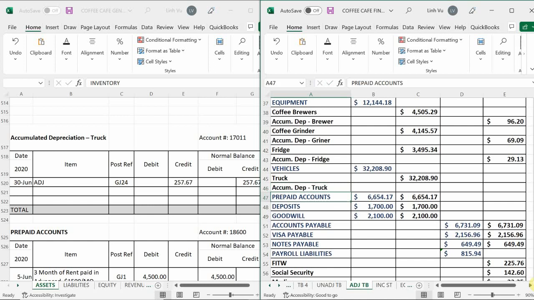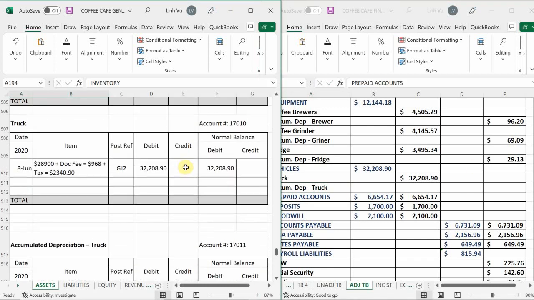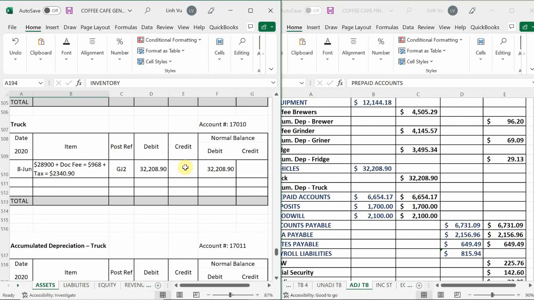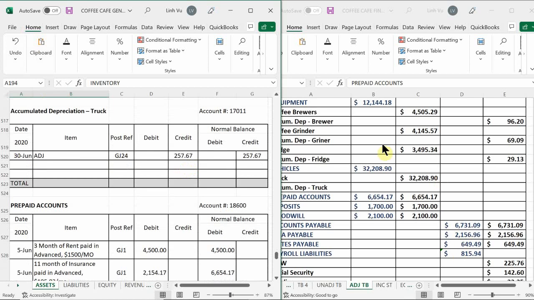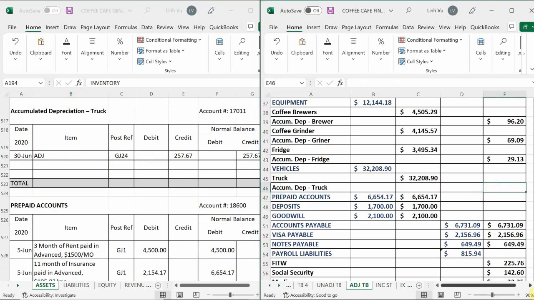In this case, it's still at $32,208.90, and my accumulated depreciation for my truck is $257.67.